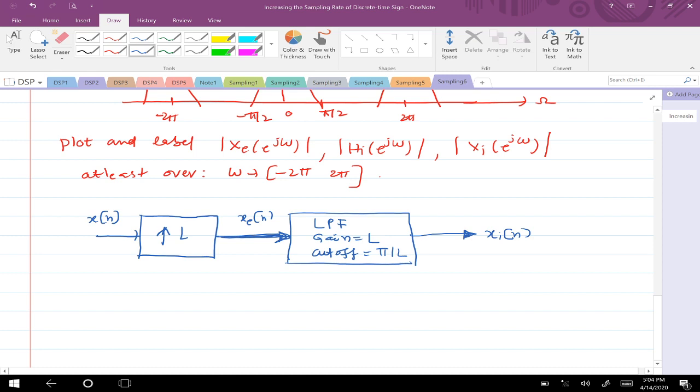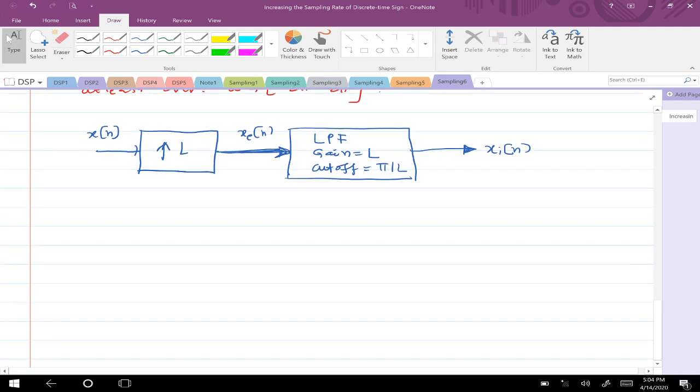Okay, so x_i of n, let's do a mathematical analysis of it. Before that, let me again rewrite the expressions that I wrote in the beginning. Let x of n be equivalent to x_c of nT.